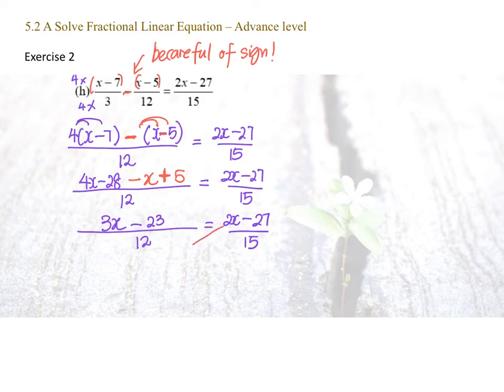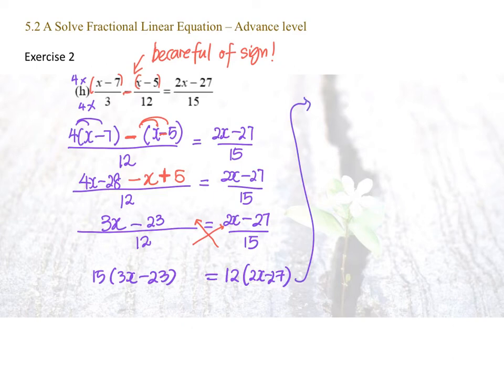And we can do a cross multiplication to help us find the answer. 12 cross multiply over to 2x minus 27, and 15 cross over to 3x minus 23.